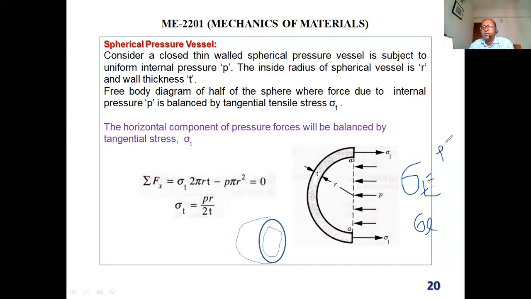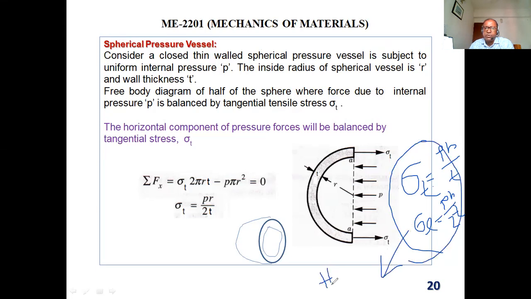Sigma T equals PR divided by T, and sigma L equals PR divided by 2T. This formula is applicable only for, number one, a thin wall pressure vessel, and the shape has to be cylindrical. In other shapes, you cannot apply this formula.